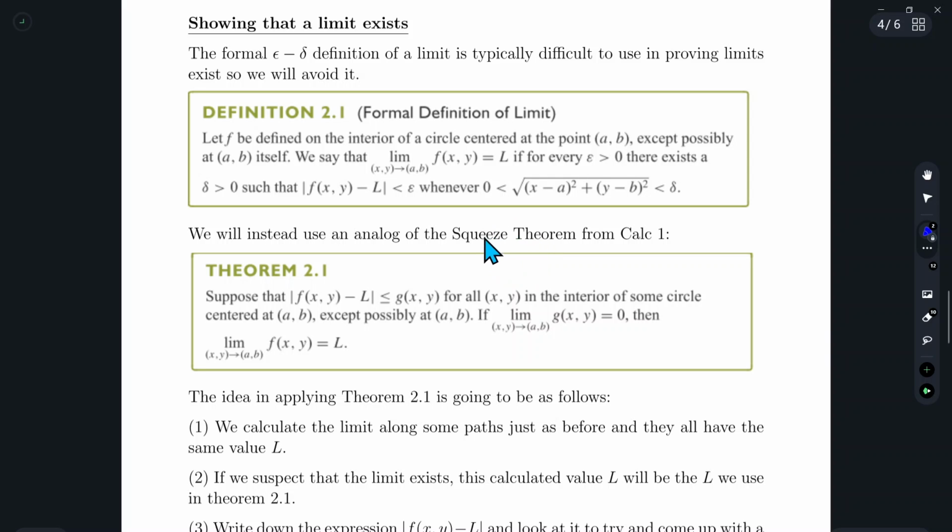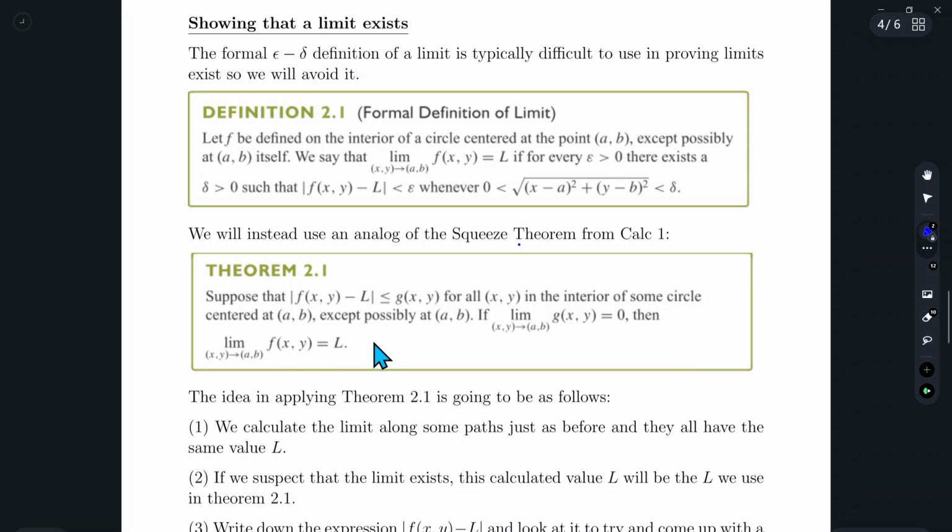If you're able to squeeze or bound it with a simpler function that you're able to calculate the limit for directly, then that will give you insight on what the limit of the more complicated function is going to be. So that's the rough idea of the squeeze theorem. For a function of two variables, it's presented here as theorem 2.1.